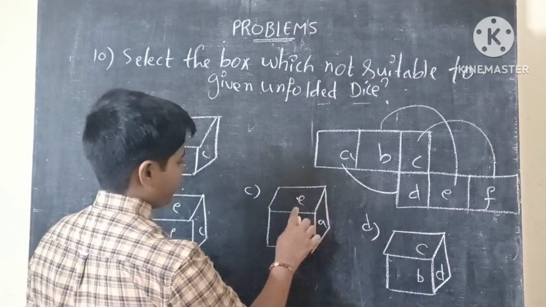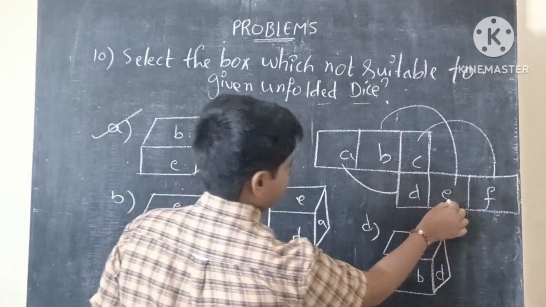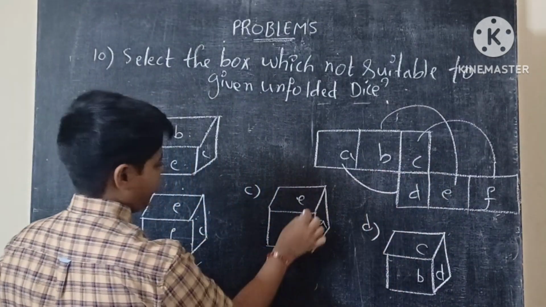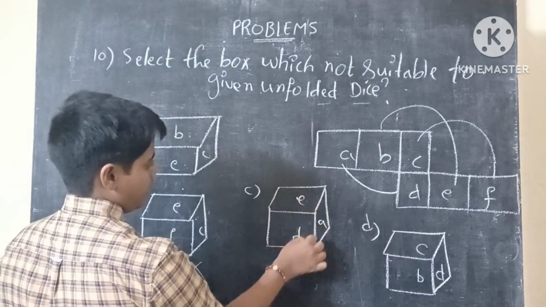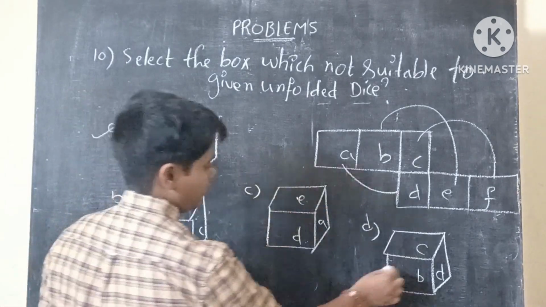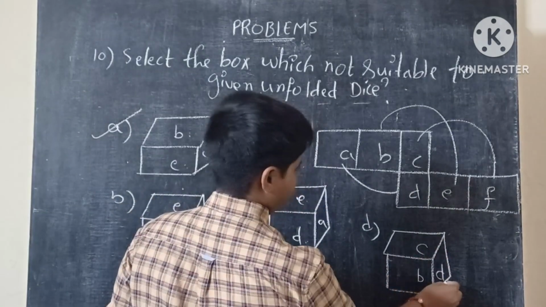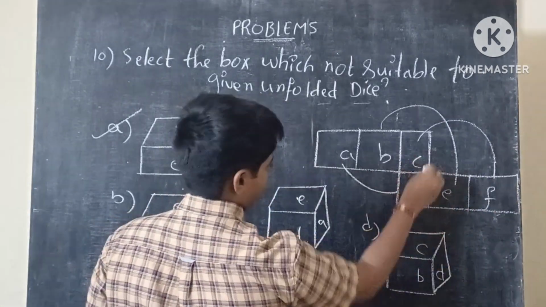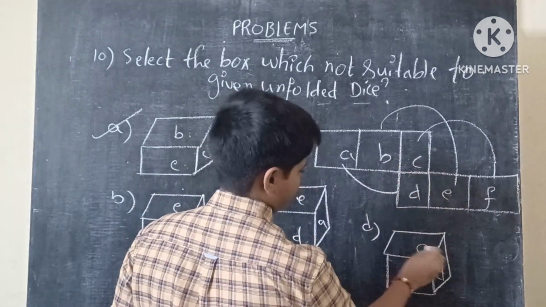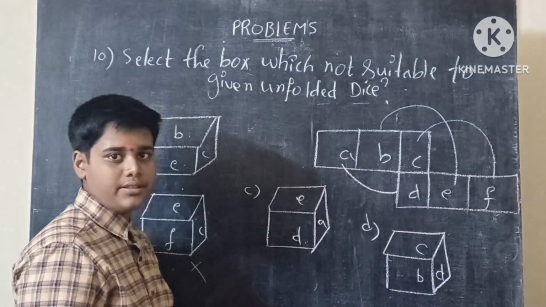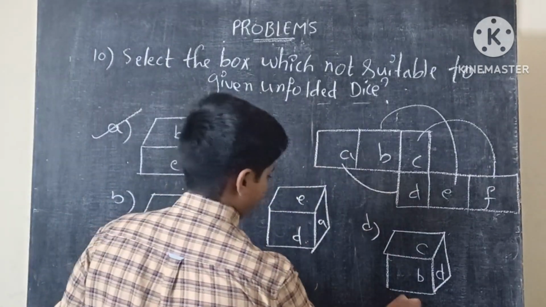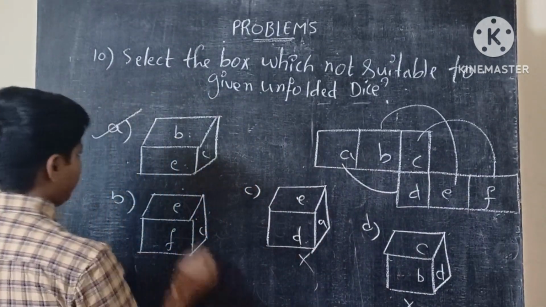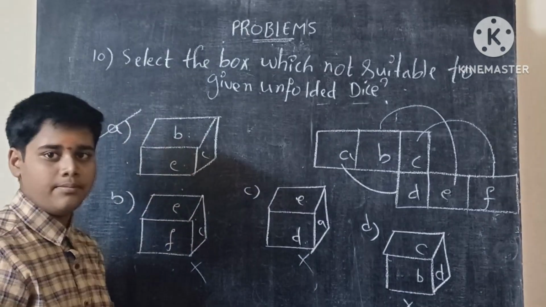If you see EDA, here E and B are opposite to each other, so E and D are adjacent here. So correct. And if you see CBD, here C and F are opposite to each other, and C and D are adjacent to each other. C and B are adjacent. Okay, so D also wrong. C also wrong. So here option A is the correct answer.